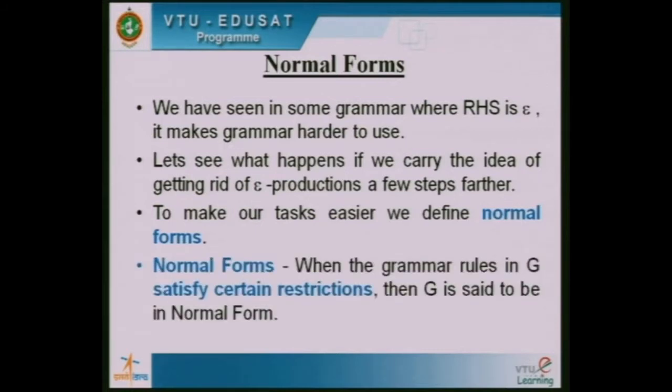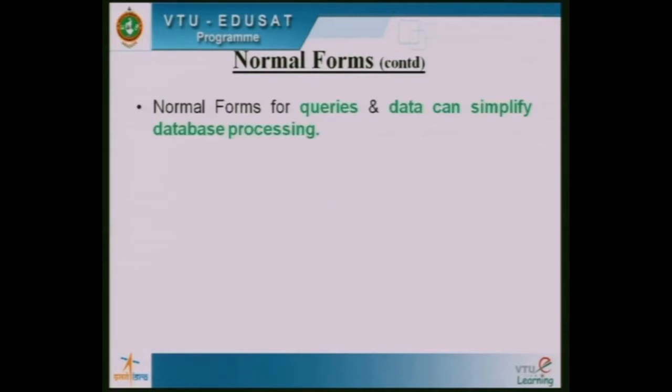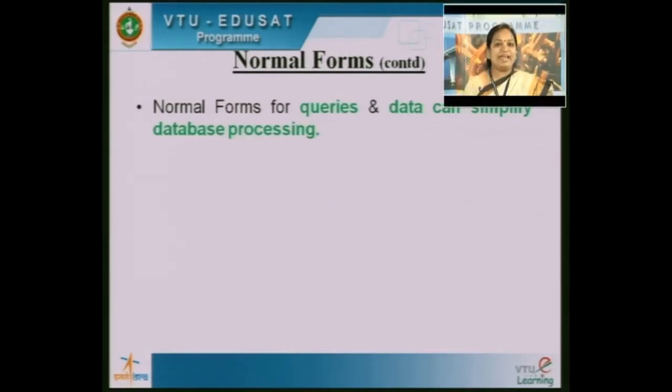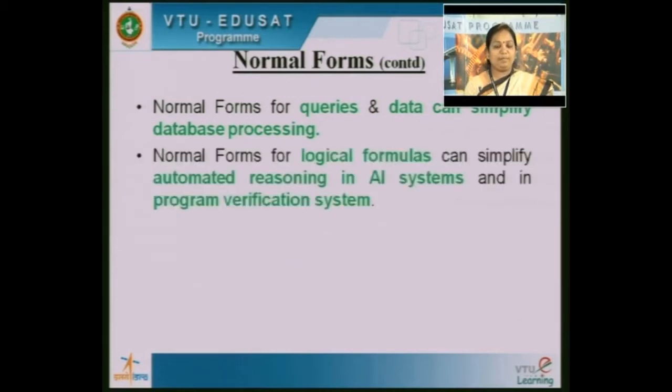So, normal forms are nothing but when the rules in the grammar G satisfy certain restrictions, then the grammar is said to be in the normal form. Where are these normal forms applicable? The normal forms for queries and data can simplify data pre-processing.